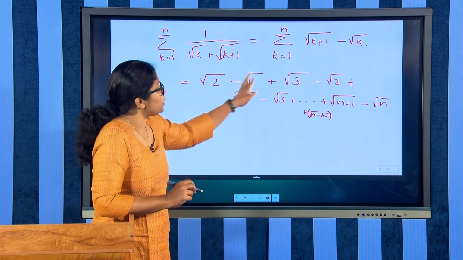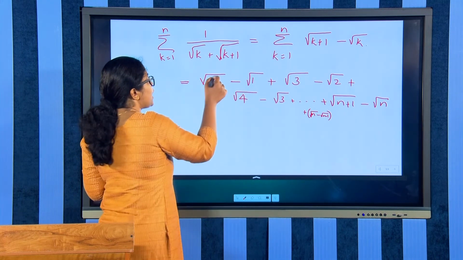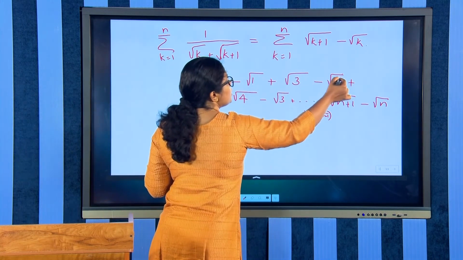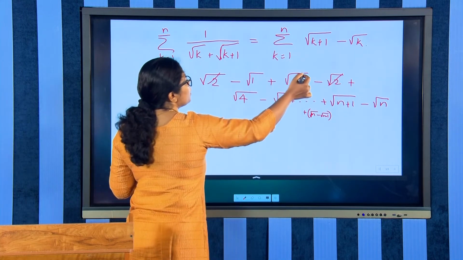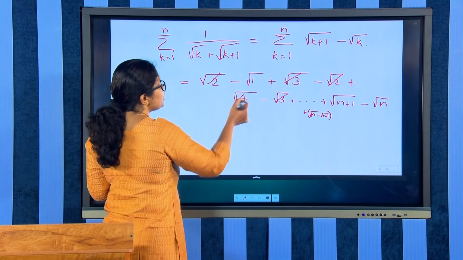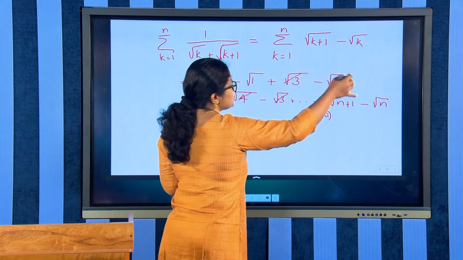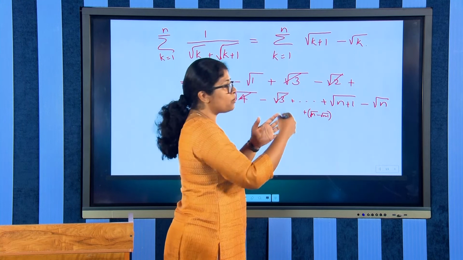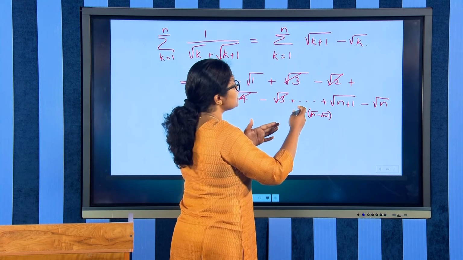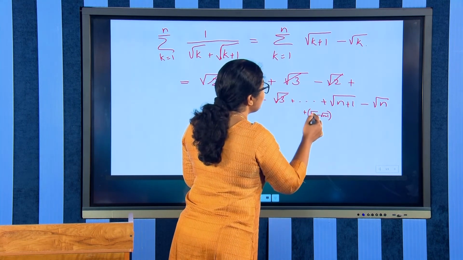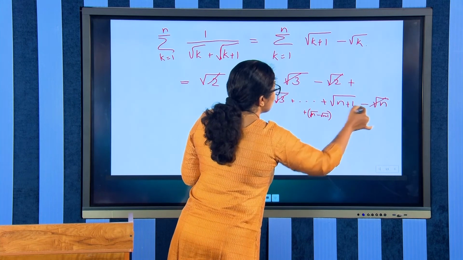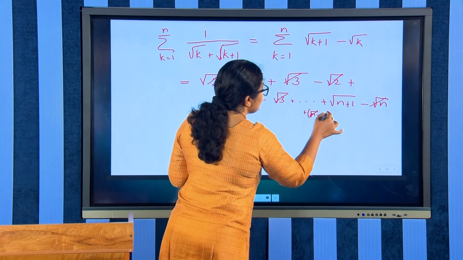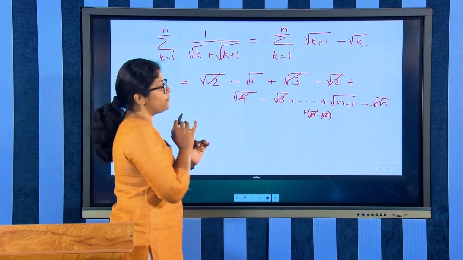So, when you add all these terms, you can see that root 2 minus root 2 is getting cancelled, root 3 minus root 3 is cancelled, again root 4 minus root 4 is somewhere here, root 5, minus root 5, root 6 and negative root 6 getting cancelled. Similarly, negative root n minus 1 is also somewhere in between.